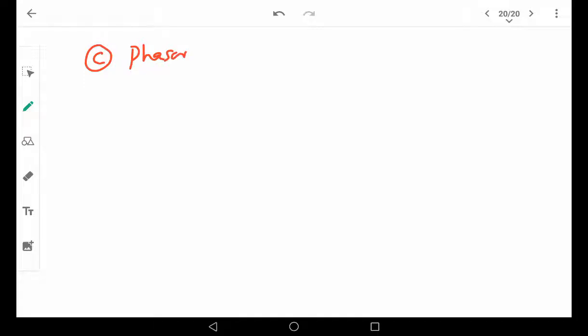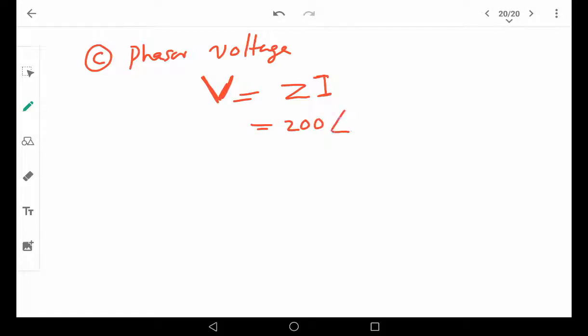The third question is the phasor voltage. The phasor voltage is given by V equal to Z into I. So that is 20 angle 90 multiplied by I. What is the phasor for I?